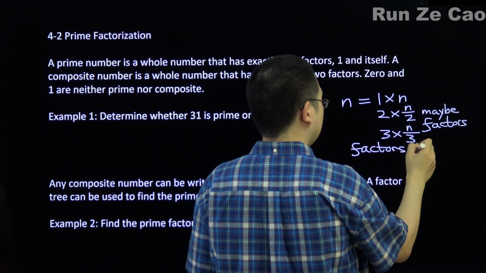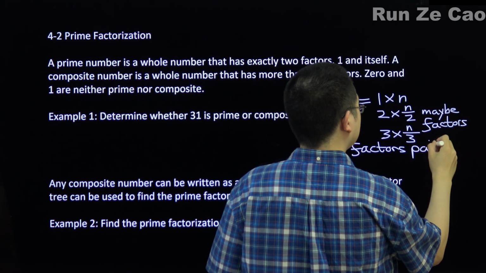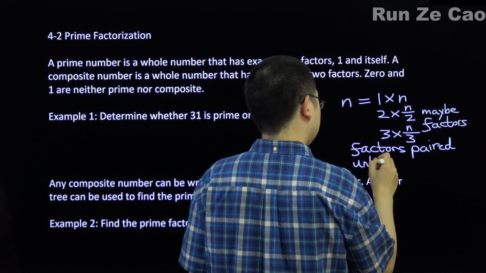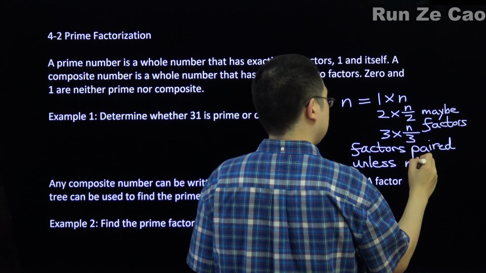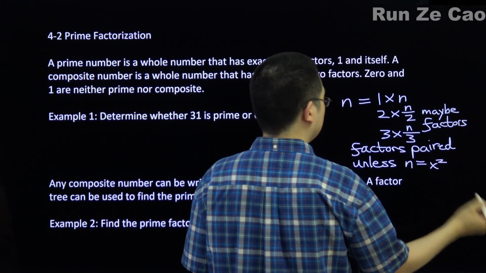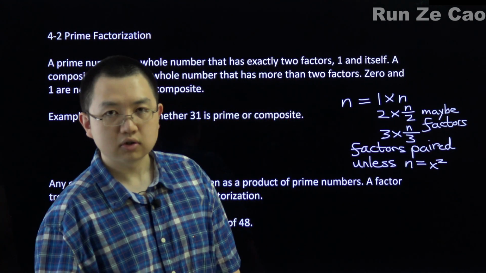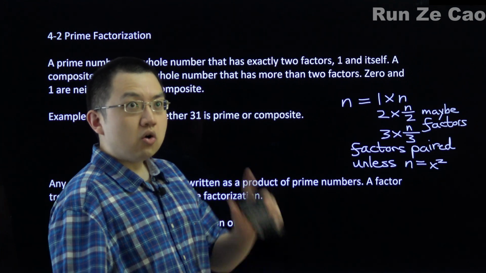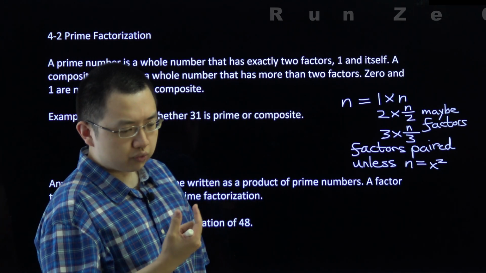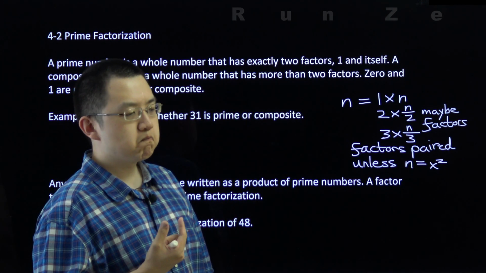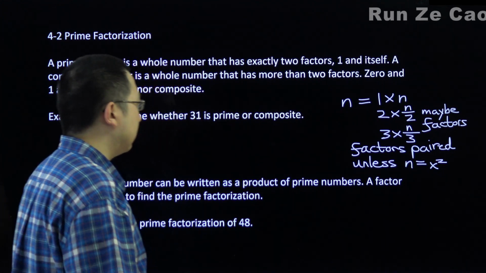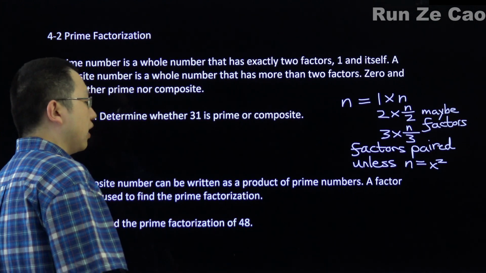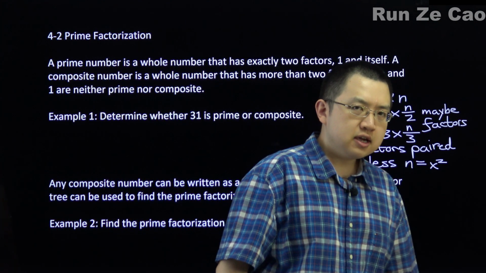Factors paired. Unless n equals x squared, where x is some integer. For example, 4. You have 1 times 4, and then you have 2 times 2. So, you're going to have pairs of factors. What does that mean?